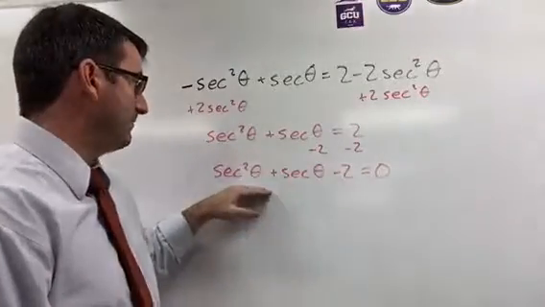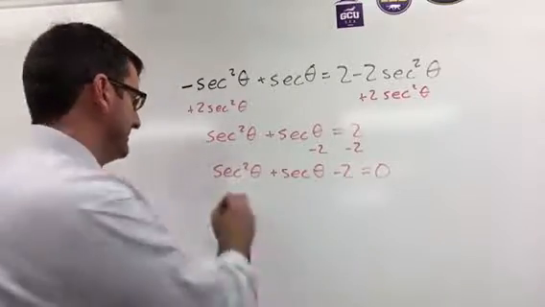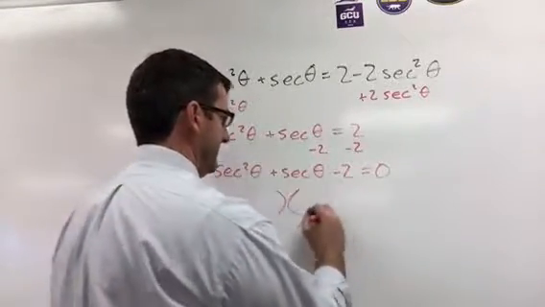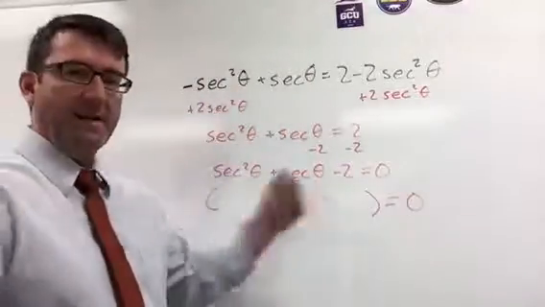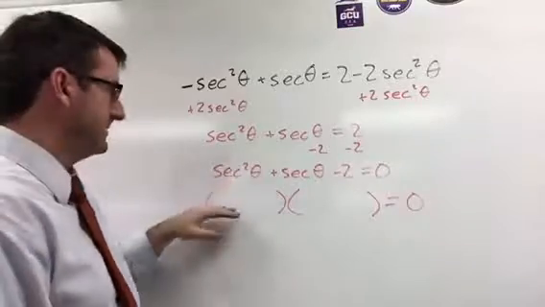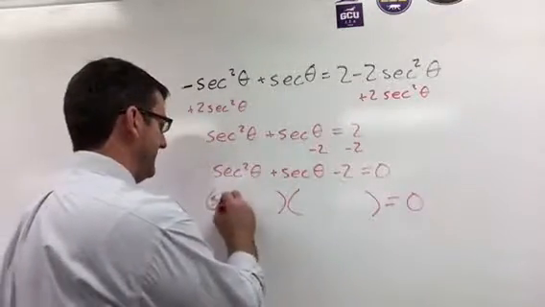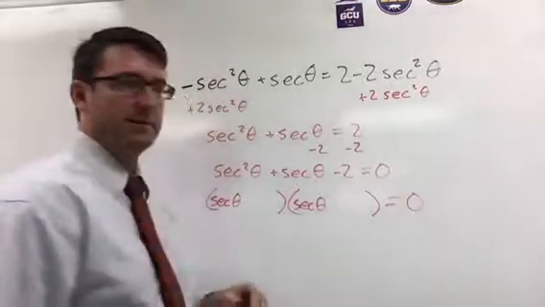All right, now let's factor this. So we're going to put our parentheses here. We know that the first factors have to multiply to secant squared theta. And so to do that, we need secant theta on both sides.